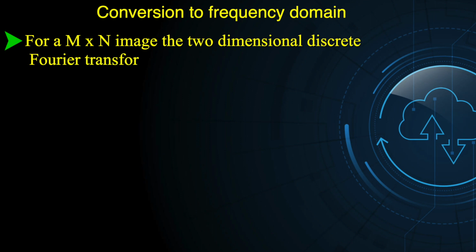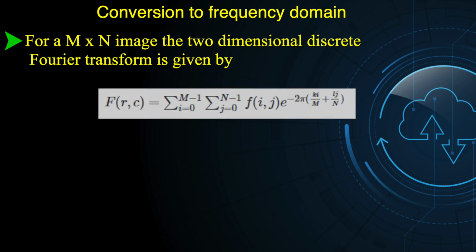Okay, so let us consider an image of m cross n size. The 2-dimensional discrete Fourier transform of this image is given by F(r, c), meaning the row and column, where capital F represents the Fourier transform, summation i equal to 0 to m minus 1.